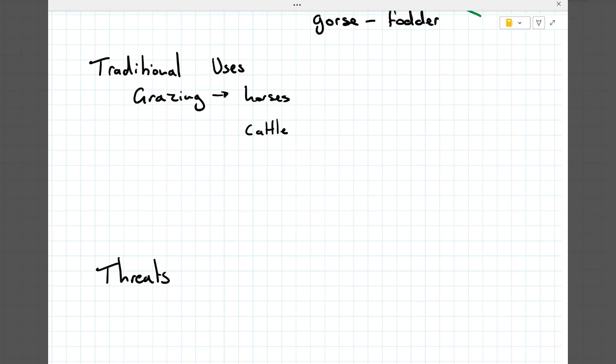What you find is different species of livestock have different mechanisms by which they graze the ground, and this can affect how the communities of plants respond.